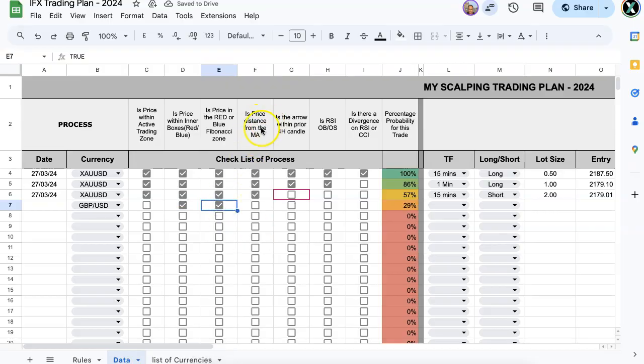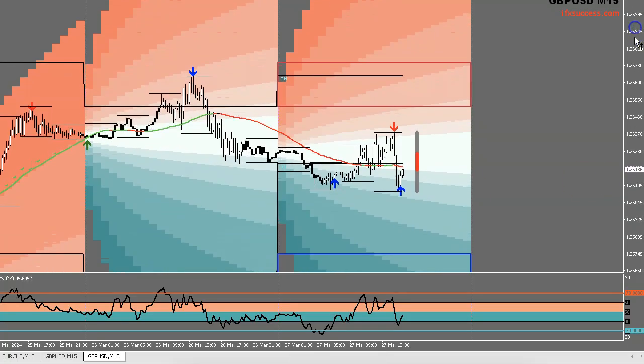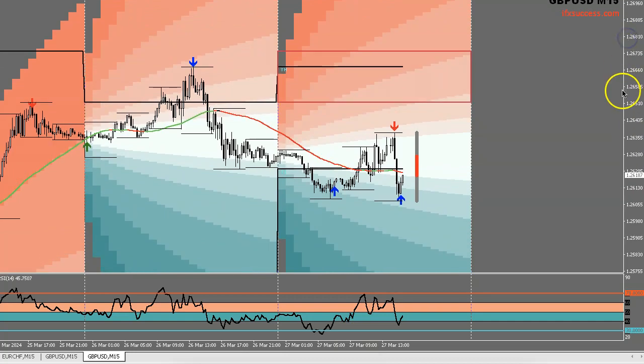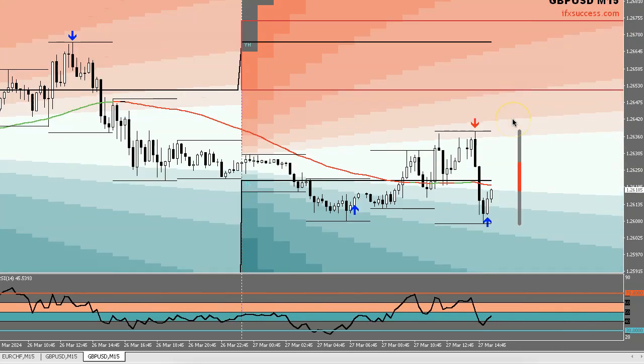All right, so that criteria is met, right? Now, is price within the distance from the MA? What does that mean? So if I take an entry, for example, I want to have some distance to my moving average, okay? Because why is that? Because if my entry happens too close to my MA, what if price hits the MA and then that's it? It gets stuck and then it bounces and then it goes against me.